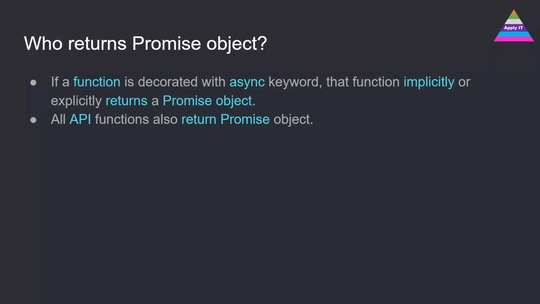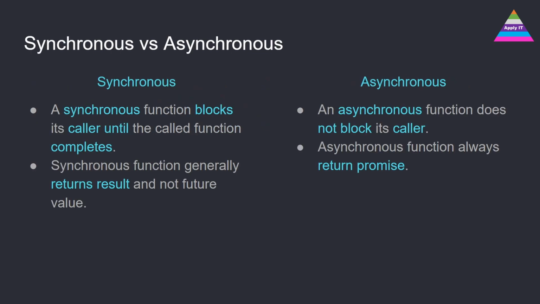So before we understand what this await keyword is, first understand who returns a promise object. If a function is decorated with the async keyword, that function implicitly or explicitly returns a promise object, and all API functions generally return a promise object. Let's review the difference between synchronous and asynchronous calls, because that will be very useful to understand the await keyword.